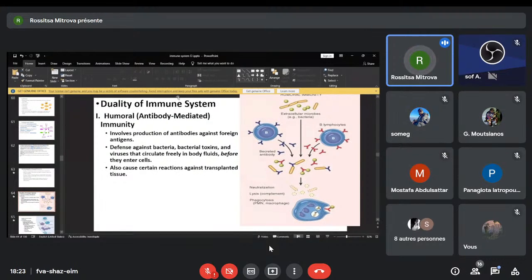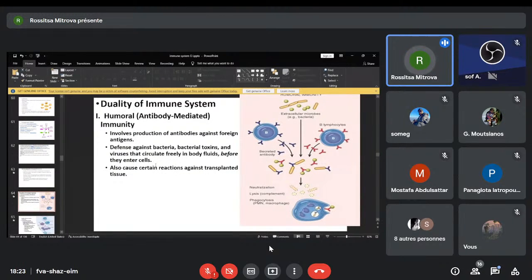The duality of the immune system: humoral or antibody-mediated immunity is involved in production of antibodies against foreign antigens. They defend against bacteria, bacterial toxins, and viruses that circulate freely in body fluids before they enter the cells.